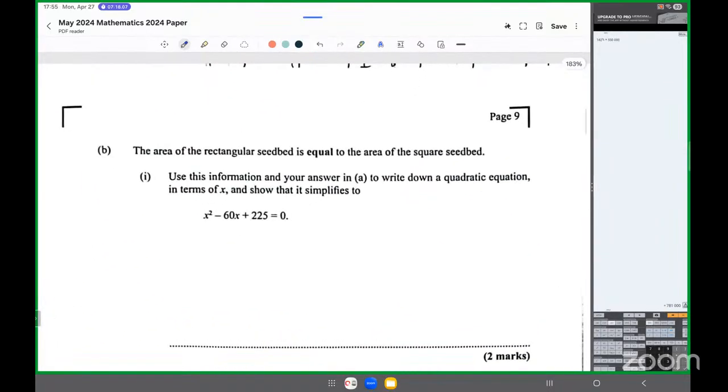Next question says the area of the rectangular seedbed is equal to the area of the square seedbed, so the two areas are the same.